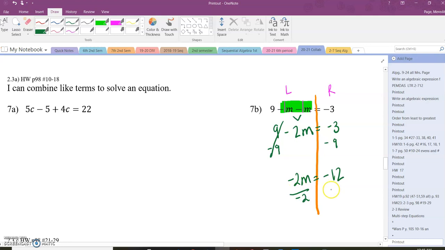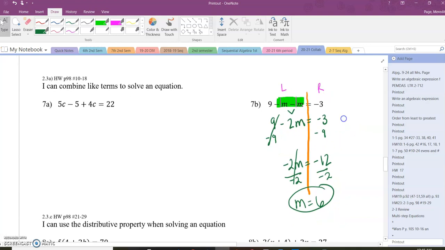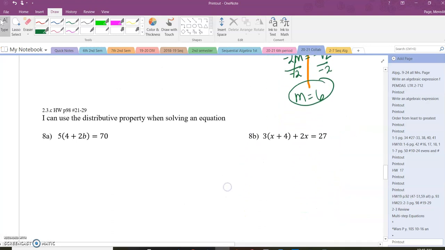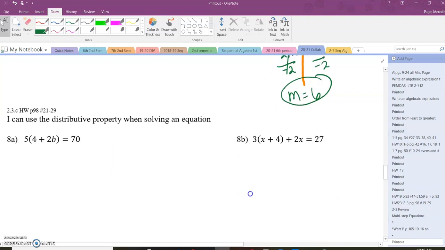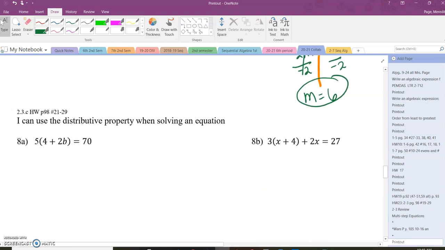Make sure you're dividing by negative 2. Negative 12 divided by negative 2 is positive 6. Circle it, you're done. 7a is very similar. We have to combine like terms and then you can solve. Moving on, let's go ahead and look at 8b, just because this one looks a little bit more challenging. You guys are responsible for 8a.